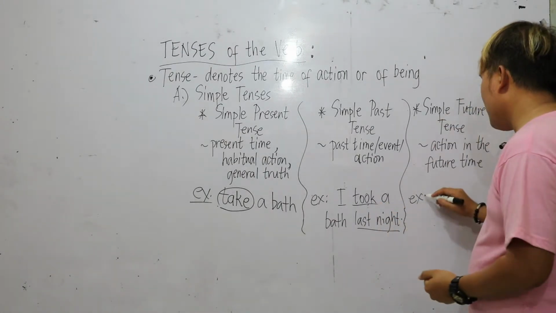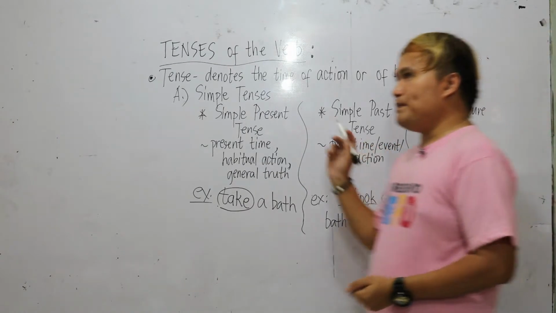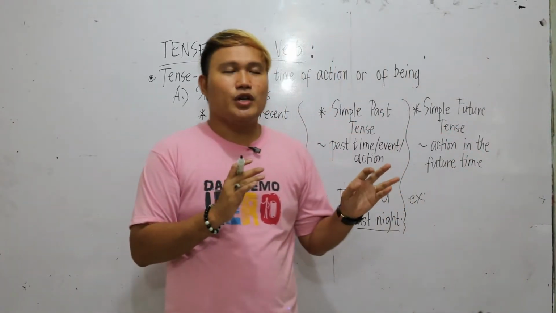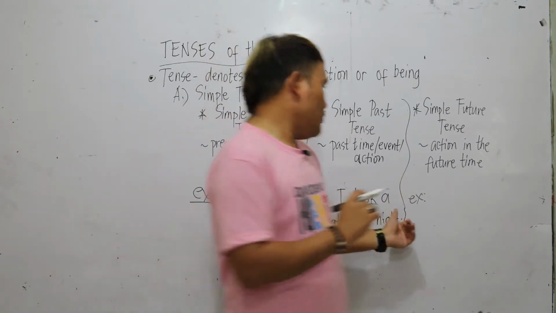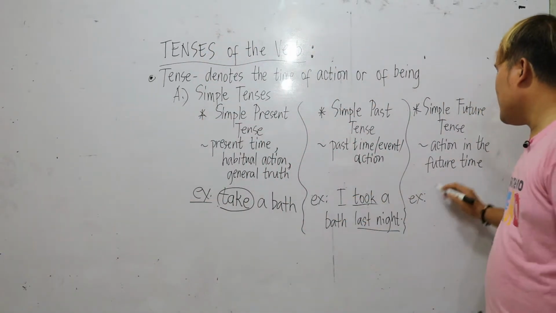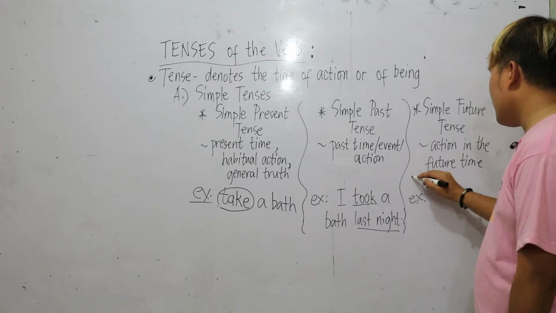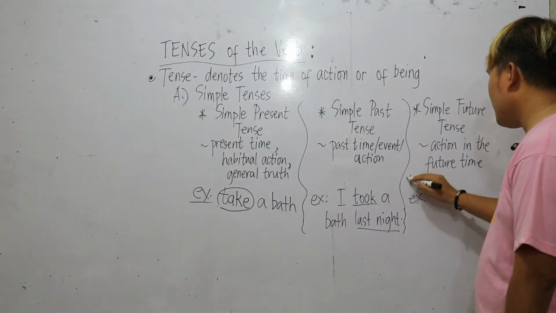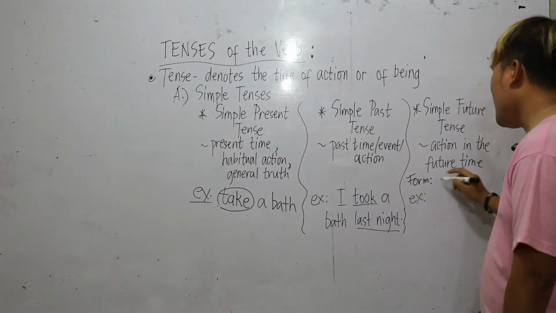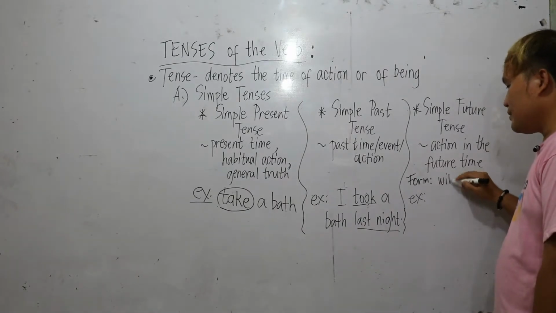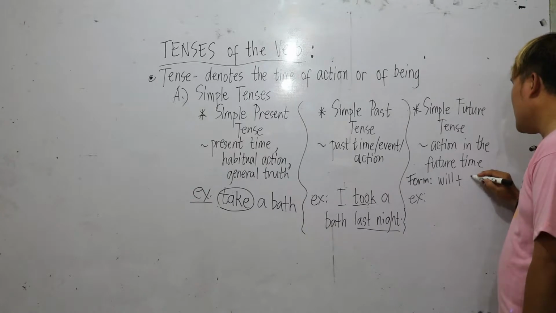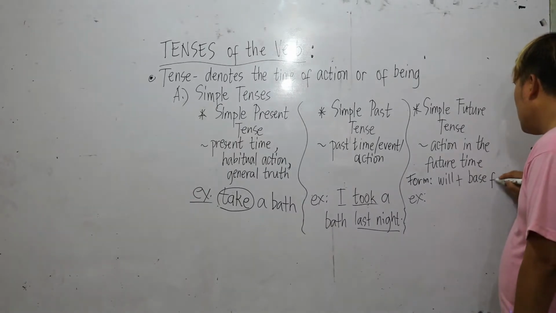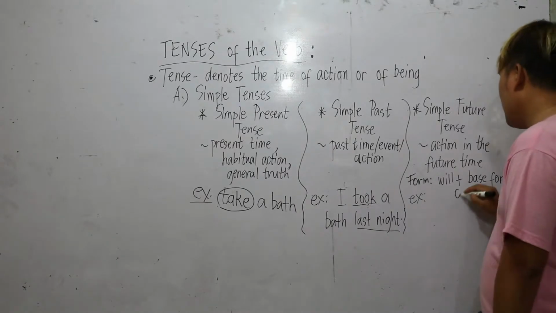Very good. By the way, for simple future, you are going to use the word will. Okay, so will plus the base form of the verb. This is the formula, or the structure.